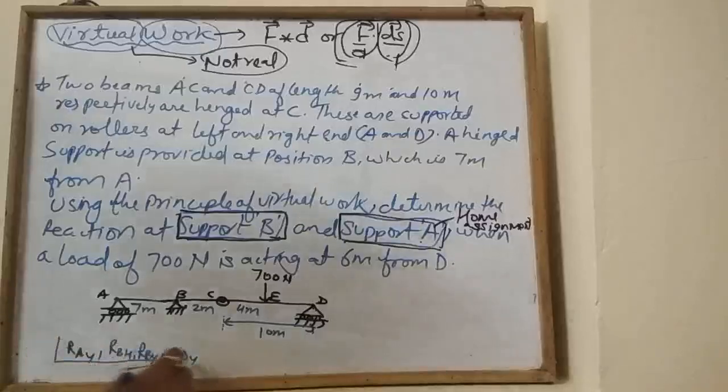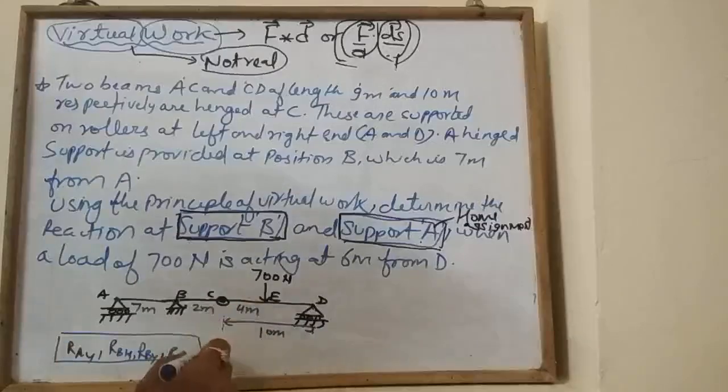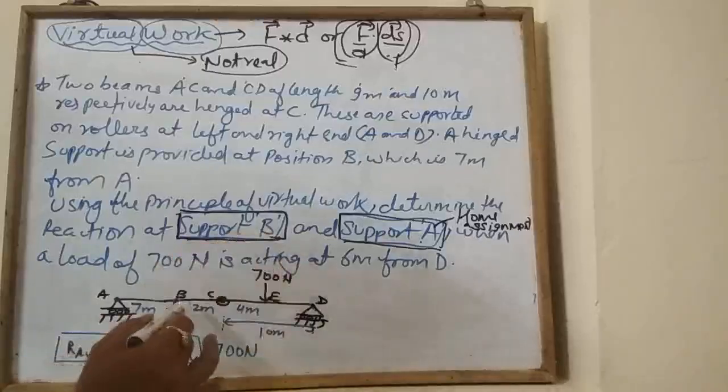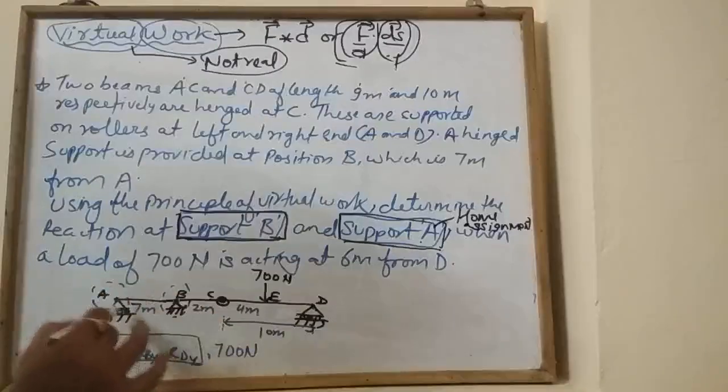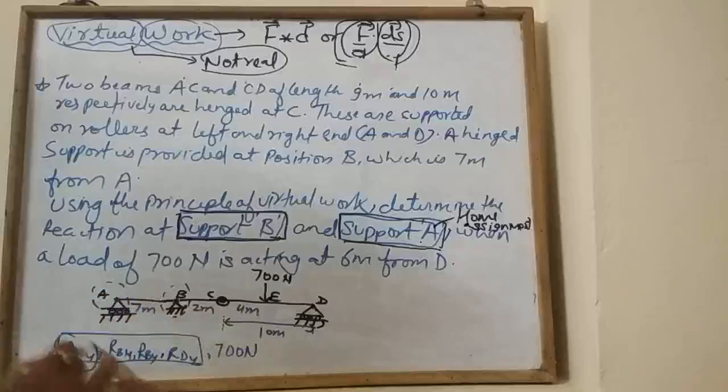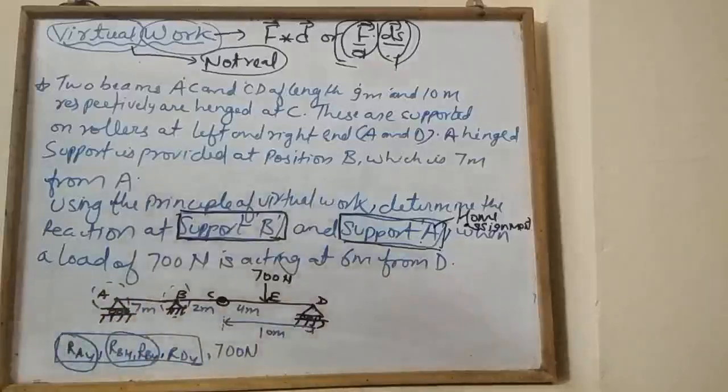We have 4 reactions and one external force, that is 700 Newton. So for support at B, RAY, RBH, RBY are to be calculated.